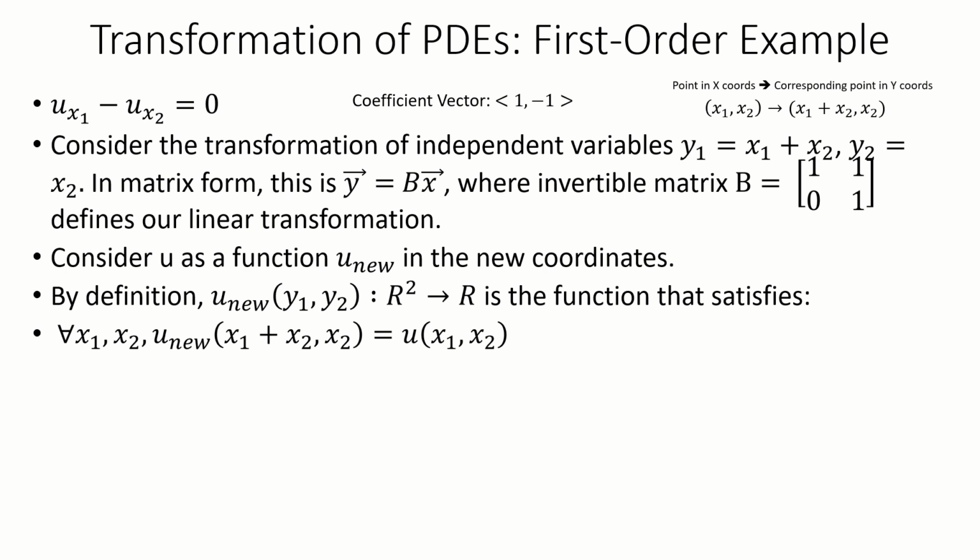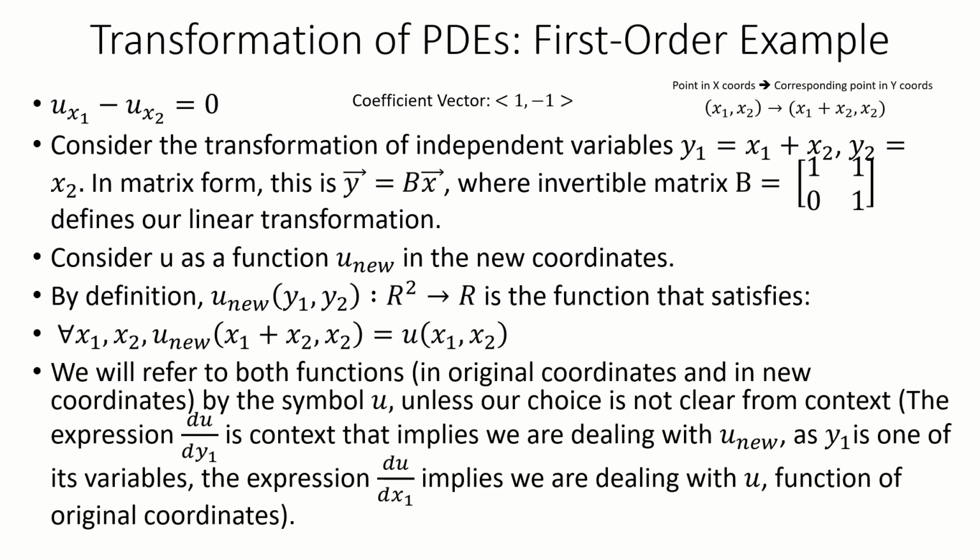This is what we mean when we say the function u in y1, y2 coordinates. It's not technically the same mathematical object; as considered as a mapping from R2 to R, they generally will not be the same and shouldn't be the same, but it is the same function of underlying space.